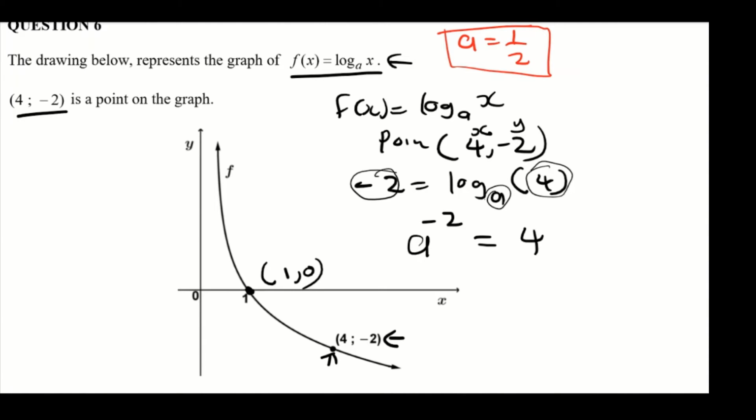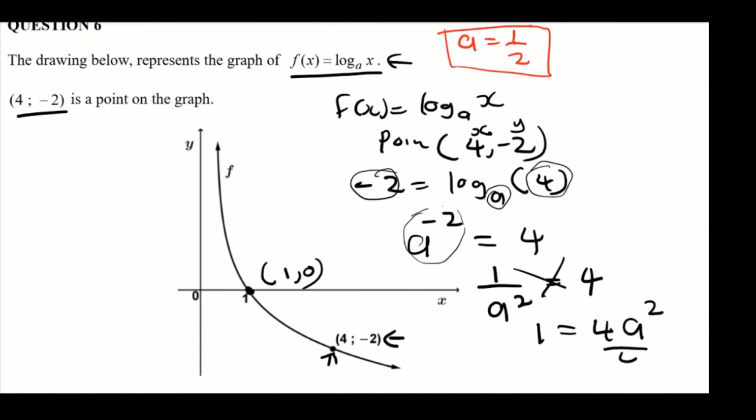And we can either multiply by 1 over -2, or we can just say 1 over a to the power of 2 is equal to 4, and then we cross multiply. We're going to have 1 equals 4a squared, and then you divide by 4 both sides, and we'll have a squared equals 1/4.